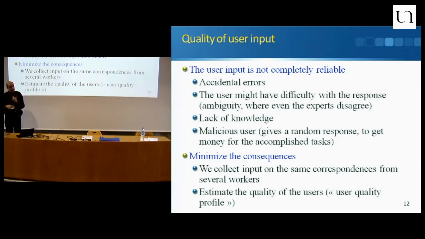So it's observed that these platforms have a lot of users who just register and then try to give random answers in order to obtain even this small amount of money. So we need to cope with this problem and take into account this noise which is always present in the input.